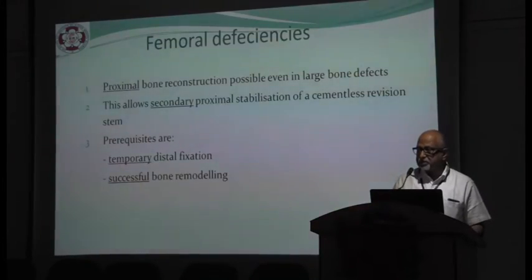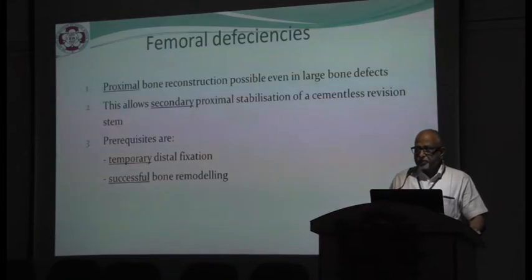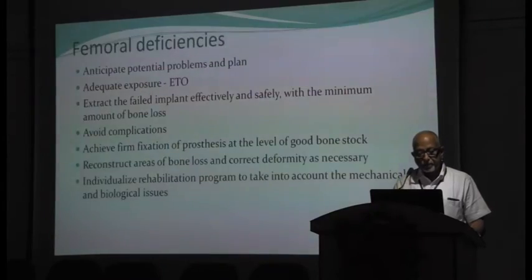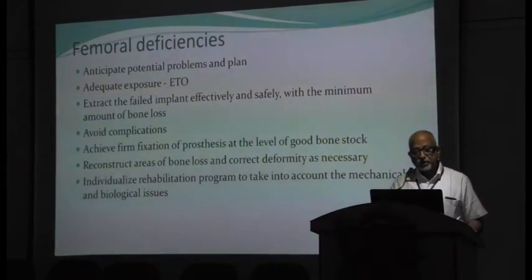So we should ensure distal stabilization, and a cementless version is the choice. The prerequisite for this would be a temporary distal fixation and successful bone remodeling, provided you have good bone stock proximally.